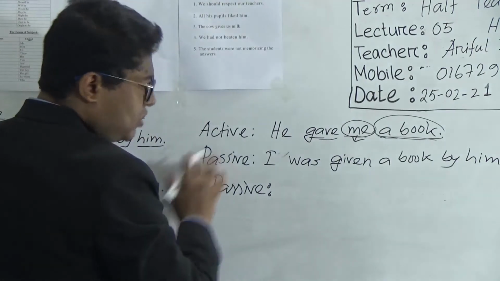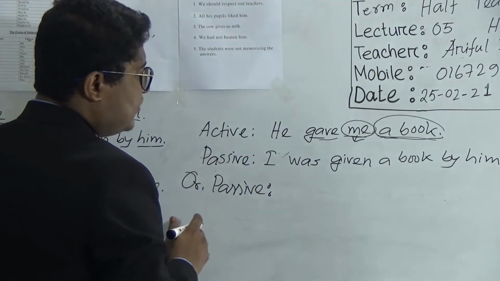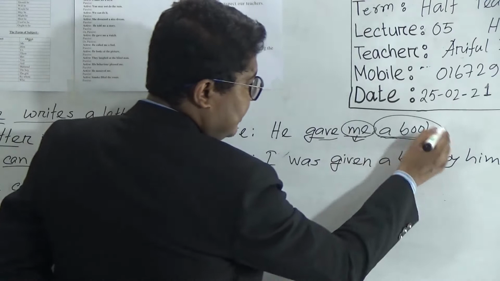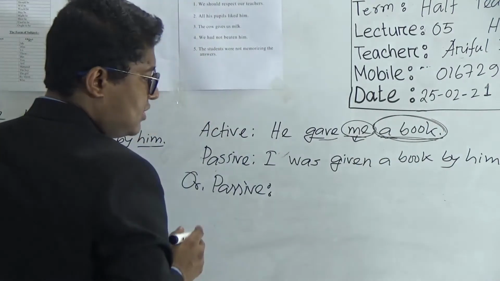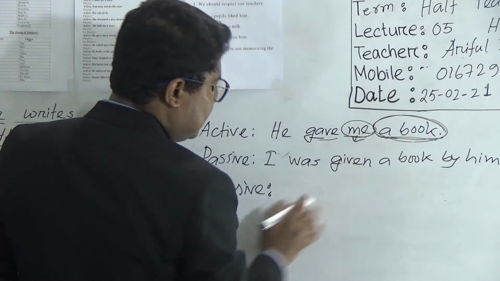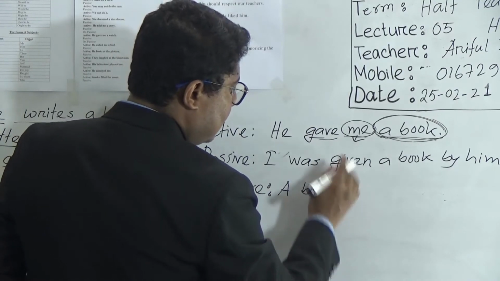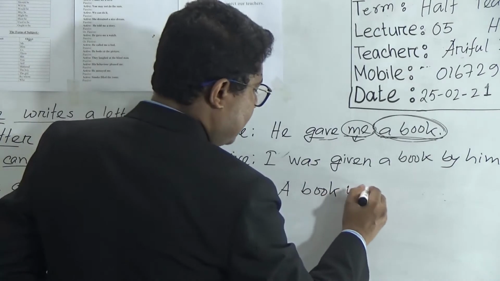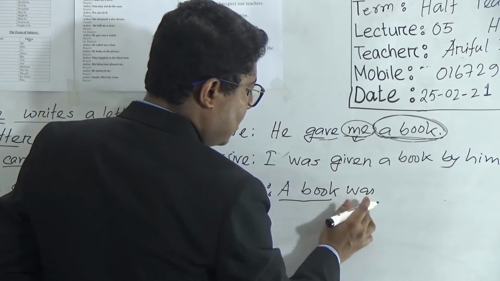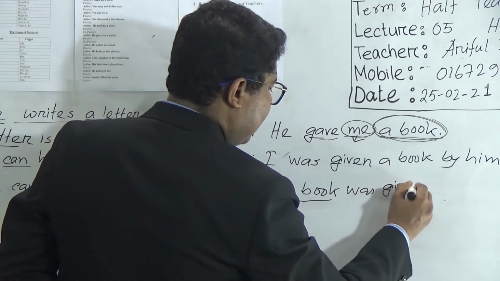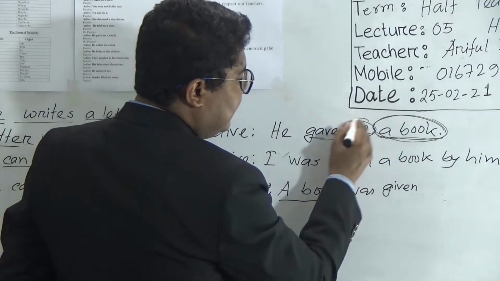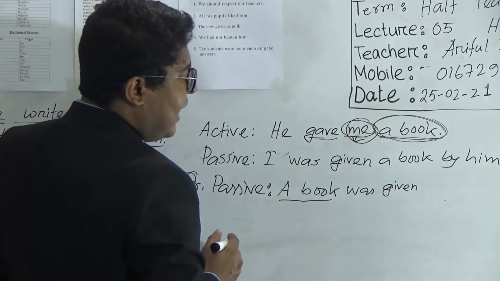Okay, we can change this voice in a different way. You can also take the last object. If you take the last object, what will happen? If you take the object a book and give past indefinite tense, we have to use was: a book was given. And before that indirect object we have to add to or for.